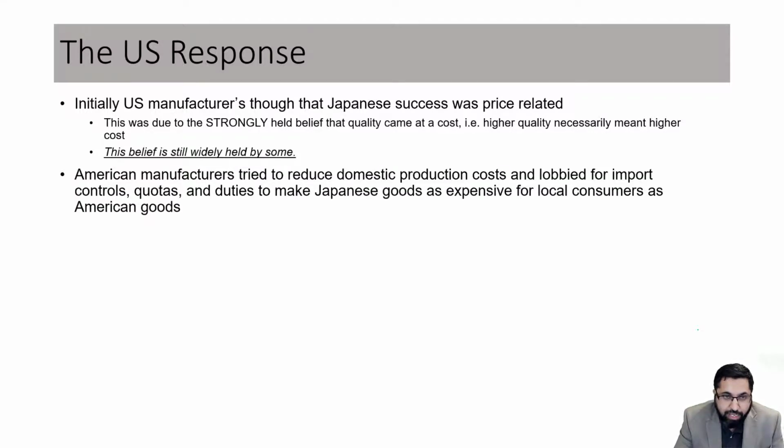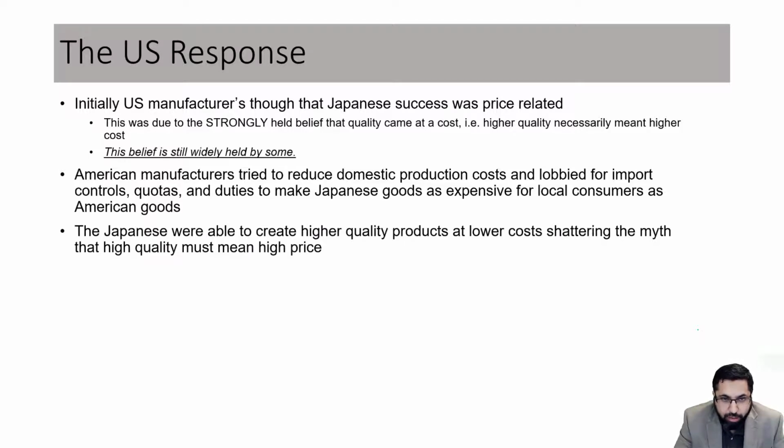So their initial reaction was that manufacturers tried to reduce domestic production costs, and lobbied for import controls, quotas, and duties, so that the Japanese goods, which were of a higher quality and cheaper, would not take over US markets. The Japanese were able to create higher quality products at lower costs, right?